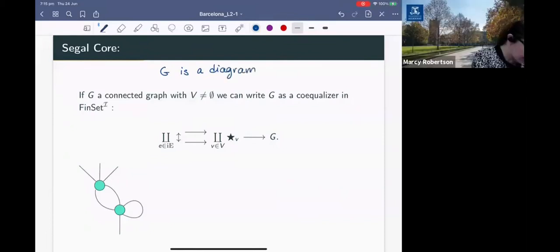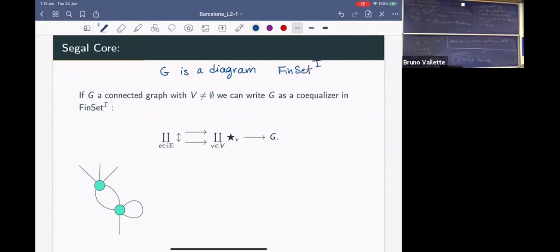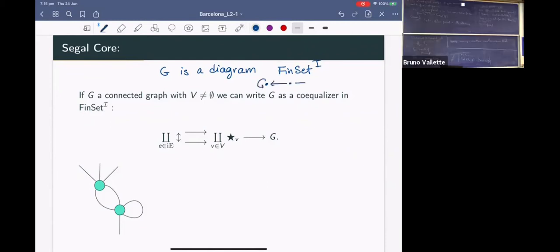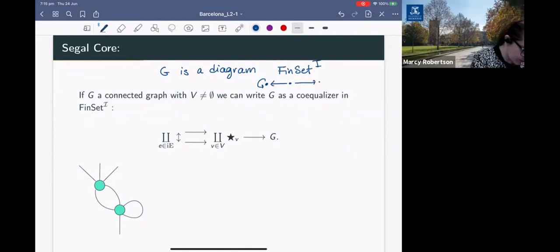Aside from all the weird stuff we did with graphs, this is a diagram in the category of finite sets in the shape of I, where I was this category in this shape, where this is a monomorphism and this is an involution, right? So it's a diagram category.